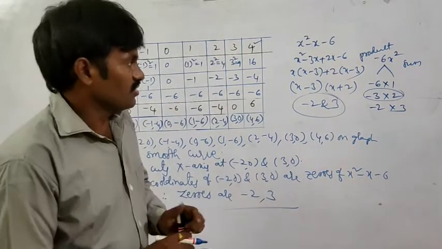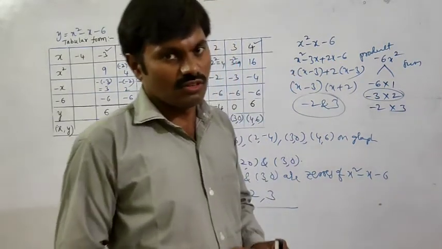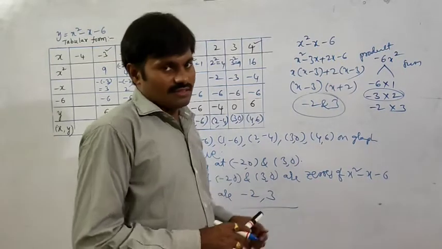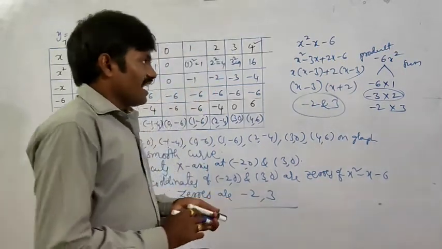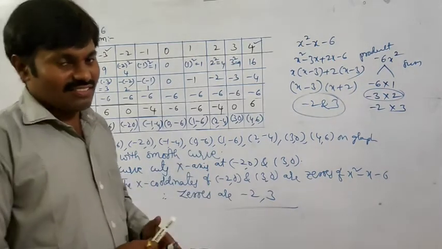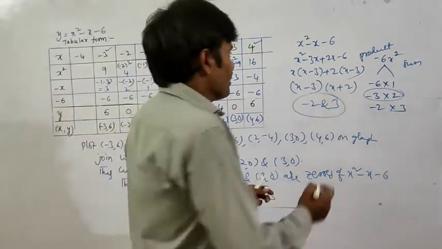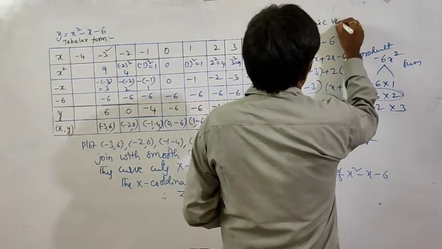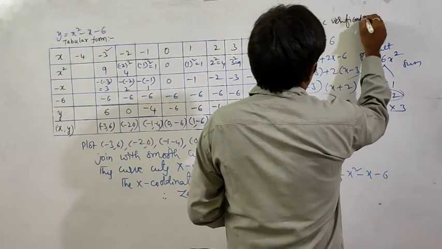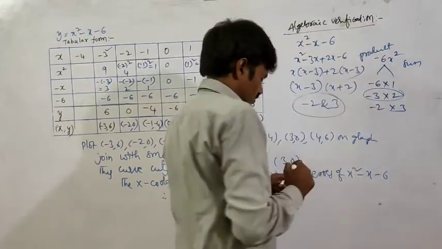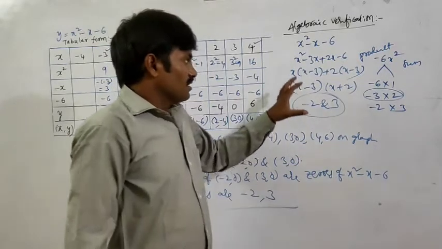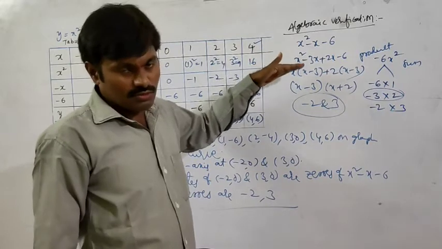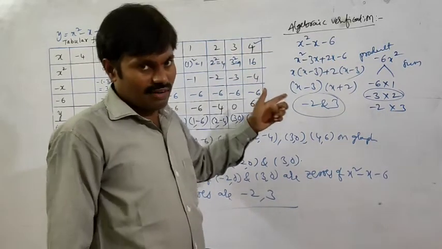This is our answer. This algebraic verification also is very good, your evaluator will be impressed with your answer. Okay. So initially I did it. In the fair copy, we have to do it at the last. I did this factorization before drawing the graph, to prepare before making the tabular form.